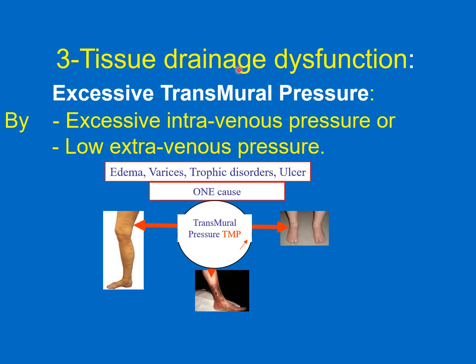Tissue drainage dysfunction: excessive transmural pressure by excessive intravenous pressure or low extravenous pressure. Practically, transmural pressure here is the only cause of edema, varices, trophic disorders, and ulcer.